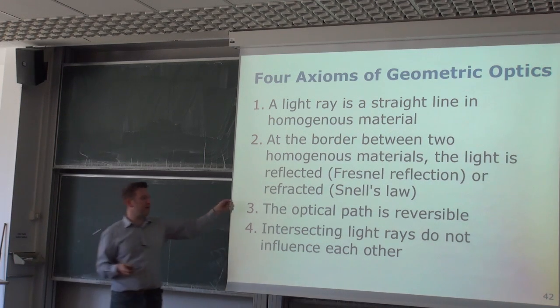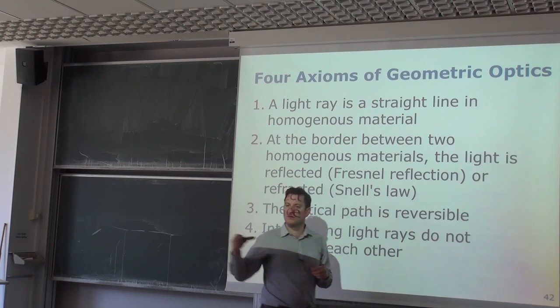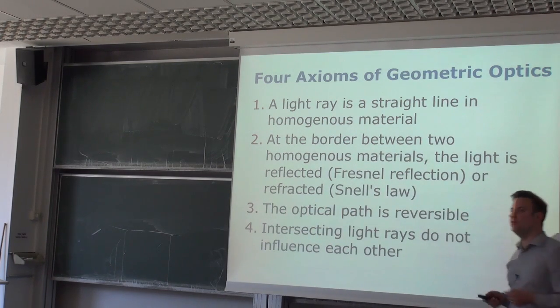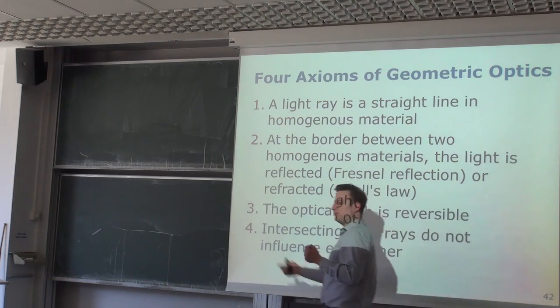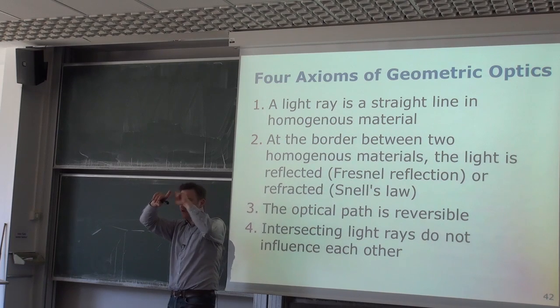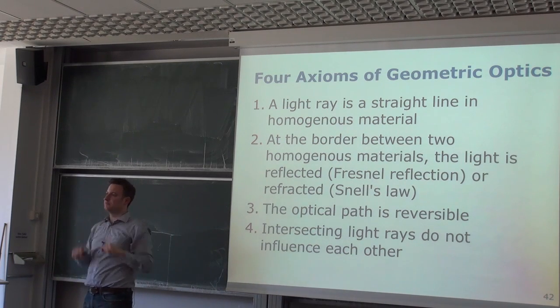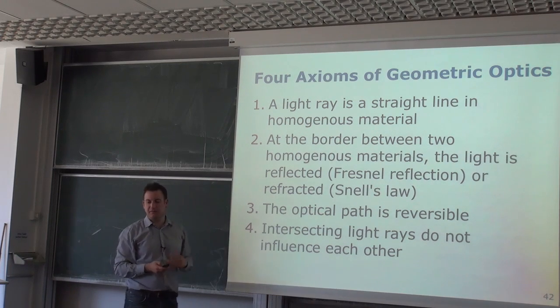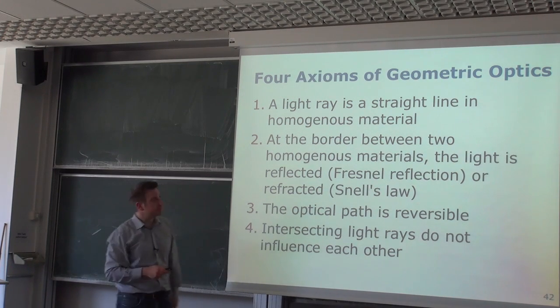The next thing is that the optical path is reversible, so it can travel in one direction as well as in the other direction. And if we have 2 light rays, let's say one pointing like this, one pointing like this, and they intersect, they don't influence each other. So these are the basic 4 axioms of geometric optics.